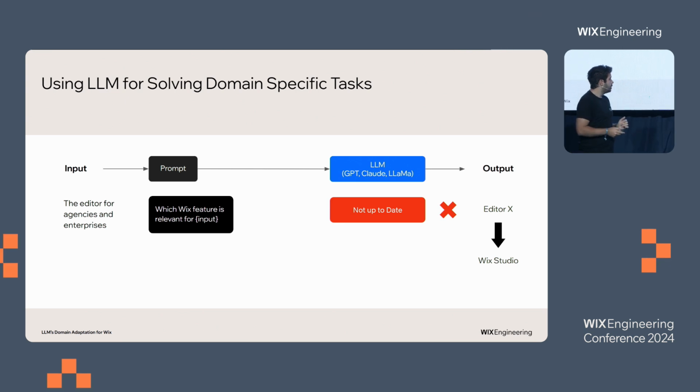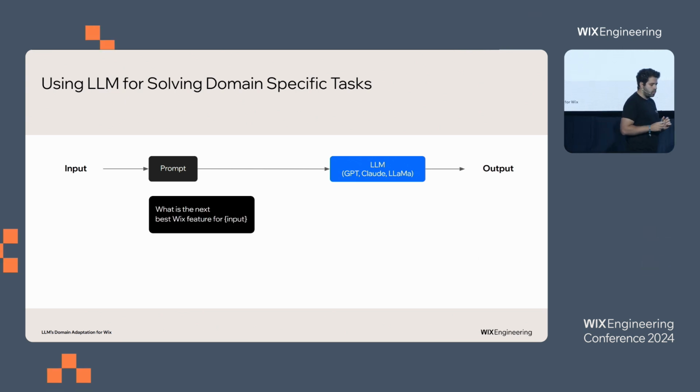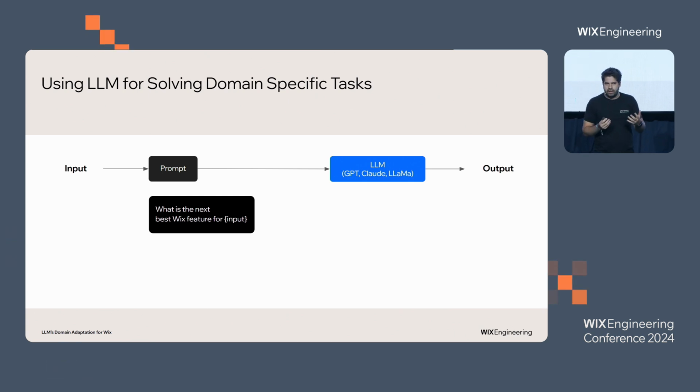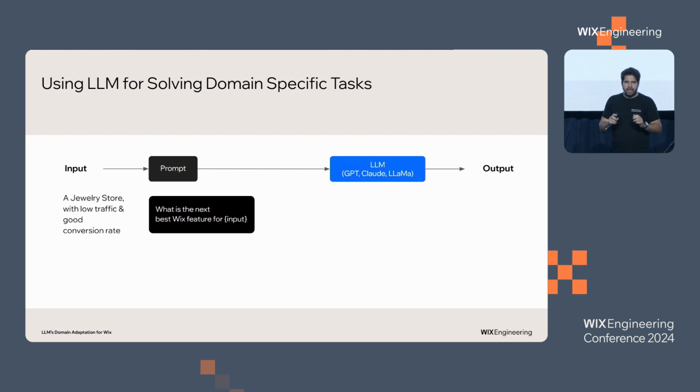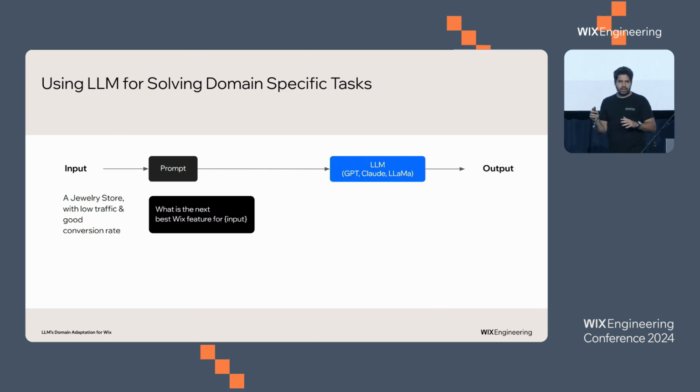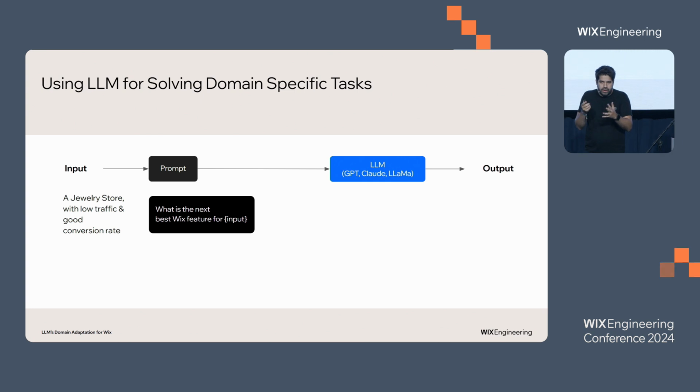Another great example is, let's say you want to understand what is the next best action for a Wix user, for a Wix website. The input for this prompt would be a jewelry store that has low traffic while the conversion rate is pretty good. So you want a prompt that will recommend the next best Wix feature for this input.